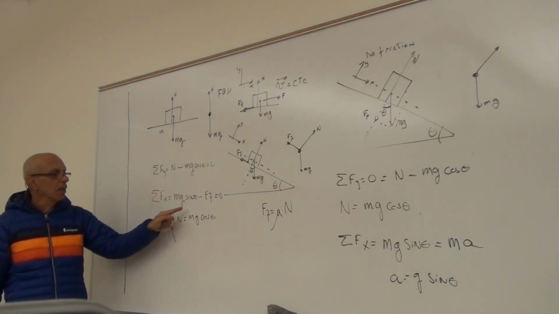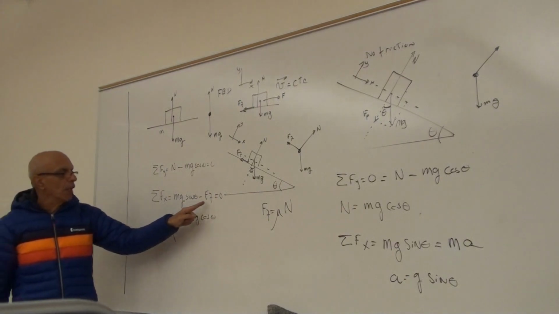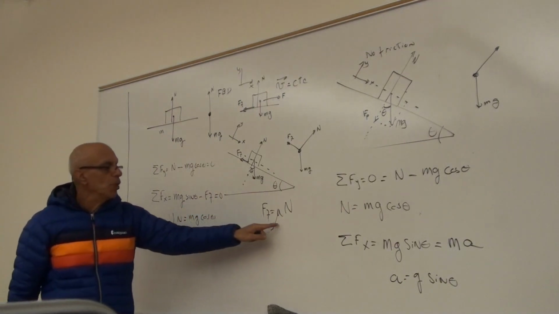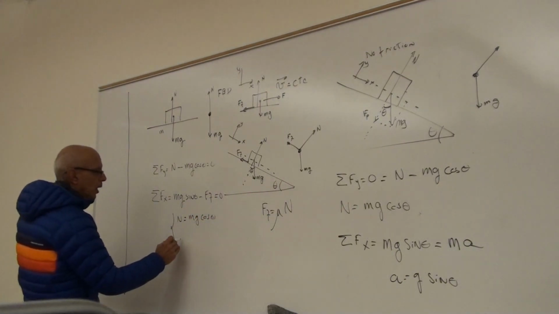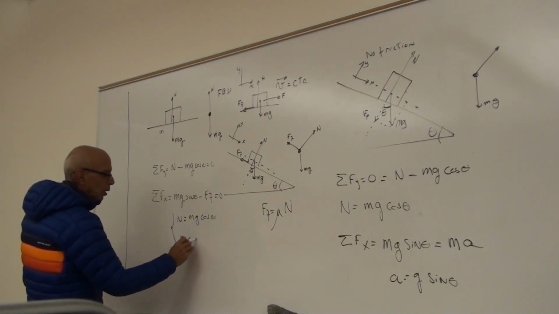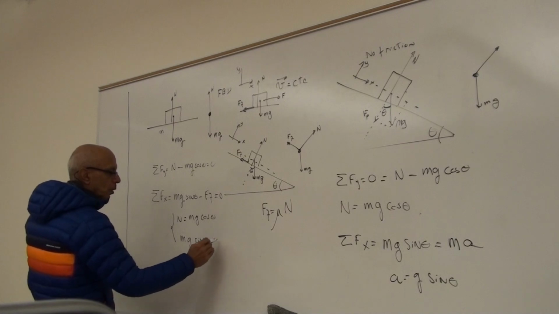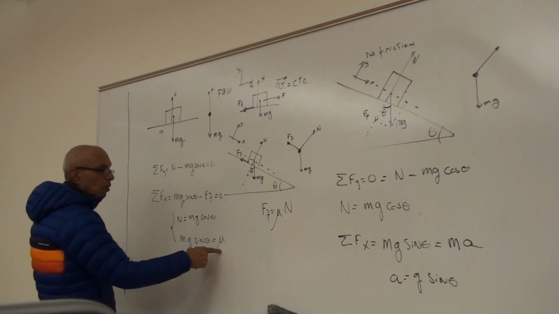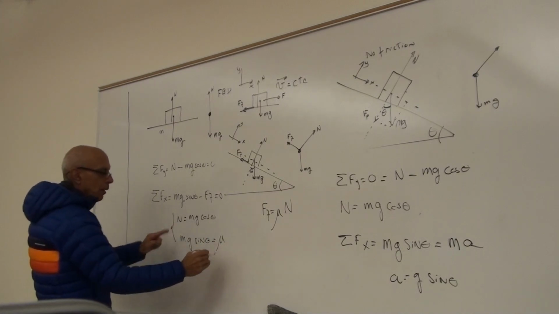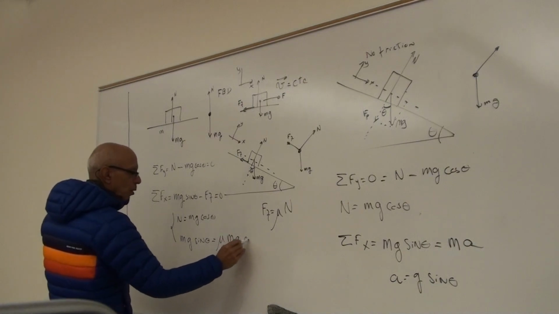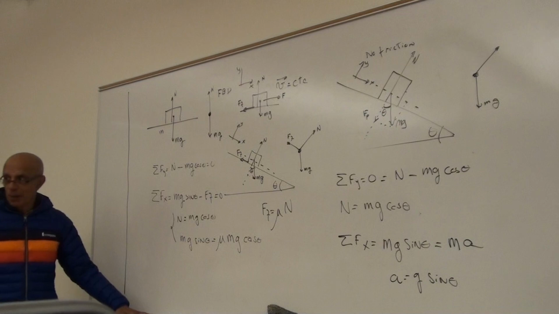From the other, I get that f is μN, so I have mg sine theta equal to the coefficient of friction times N, that's mg cosine theta, okay?